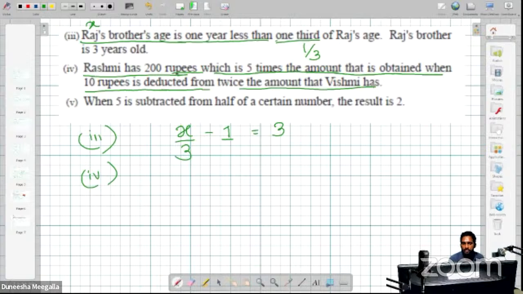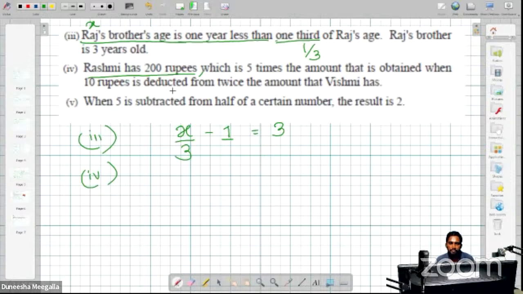What does it say? Okay, take this part. Rashmi has 200 rupees, which is 5 times the amount that he obtained when 10 rupees is deducted from twice the amount Vishmi has.